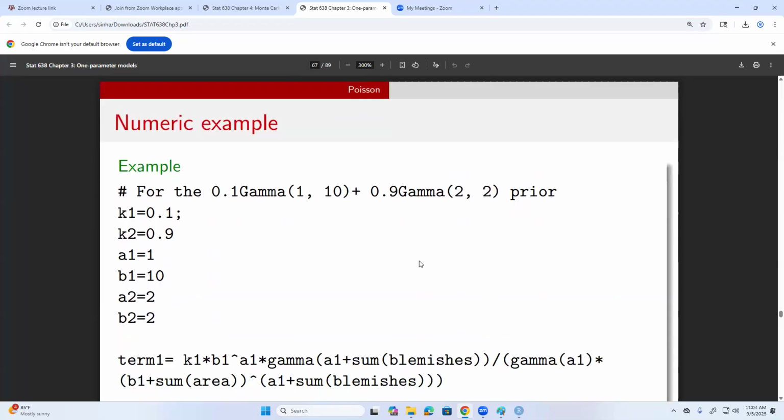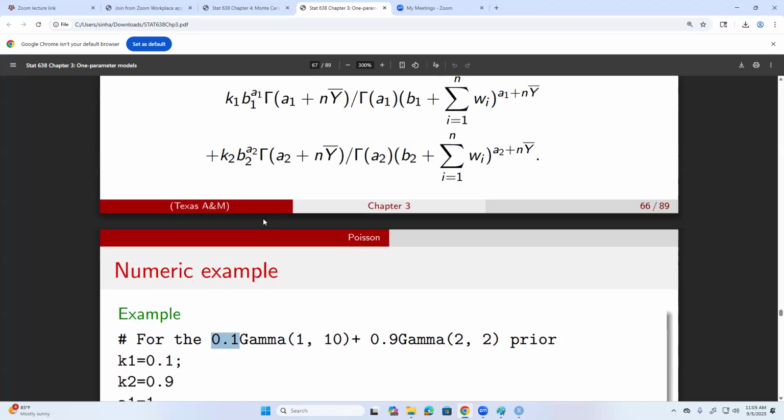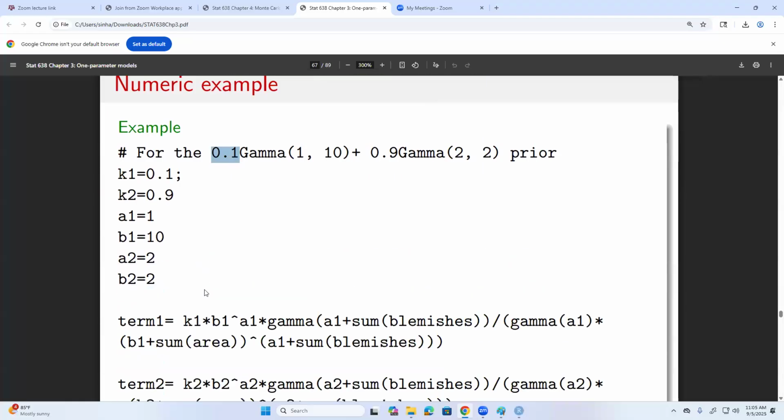So numeric example, suppose I have the following mixing distribution as the prior for theta, and it is 1:9 mixing of two gamma distributions, gamma 1, 10 and gamma 2, 2. So what would be the posterior distribution? The posterior distribution will again be a mixture of two gamma distributions, and the mixing weights are calculated using the formula given here.